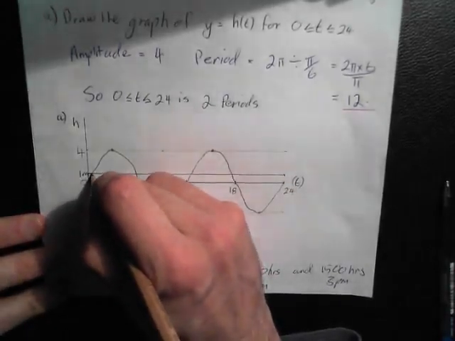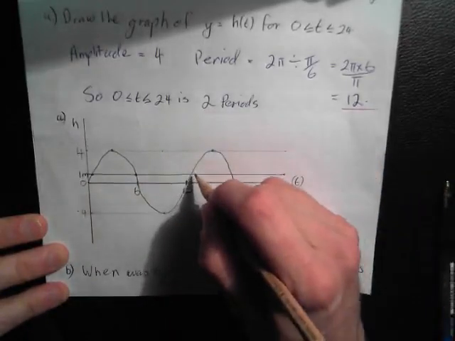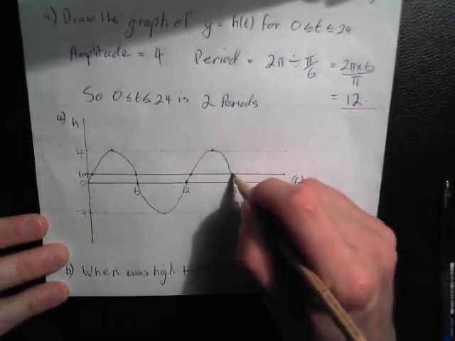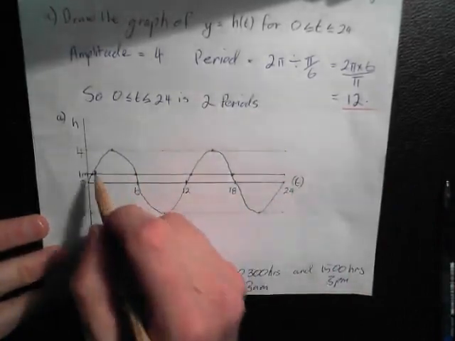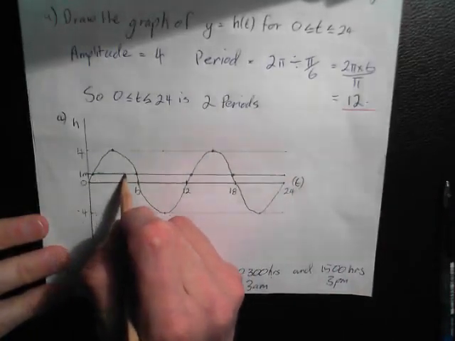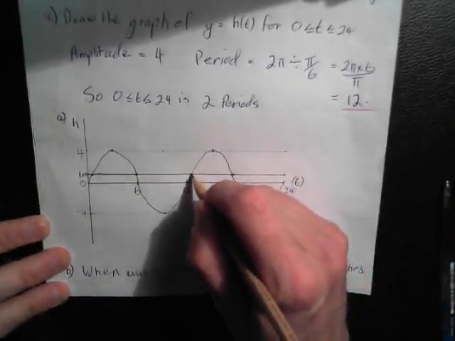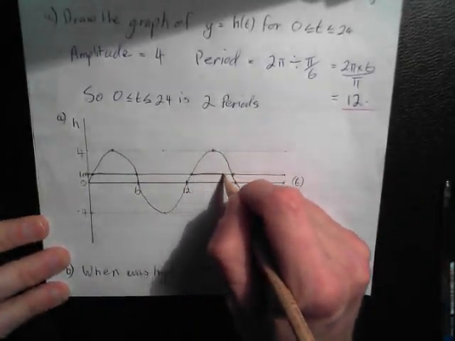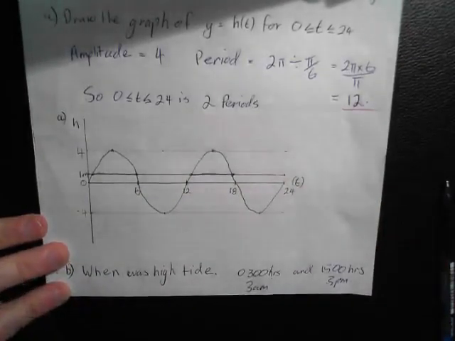So we need to know this point here, and this point here, and this point here, and this point here. Because in this time interval, between there and there, the boat can cross the harbour. And in this time interval, between there and there, the boat can cross the harbour.